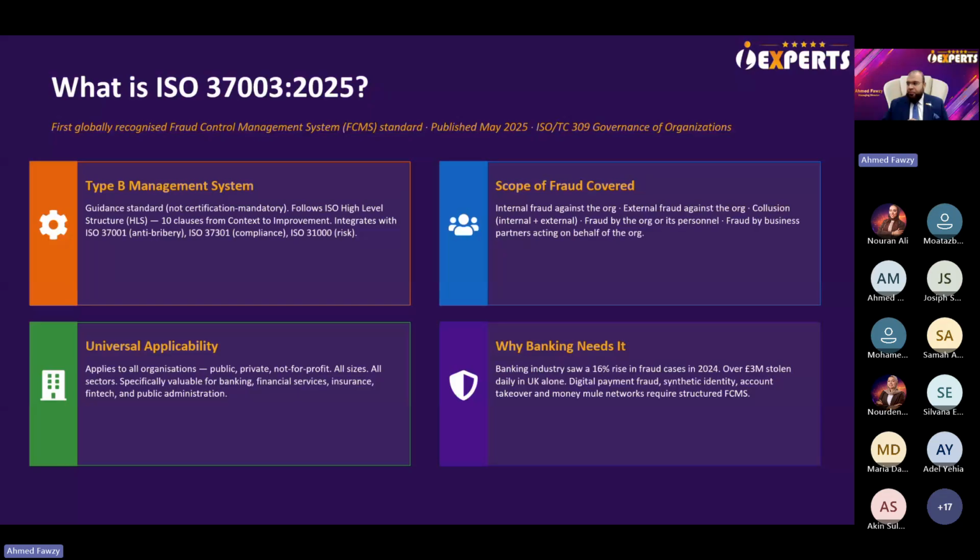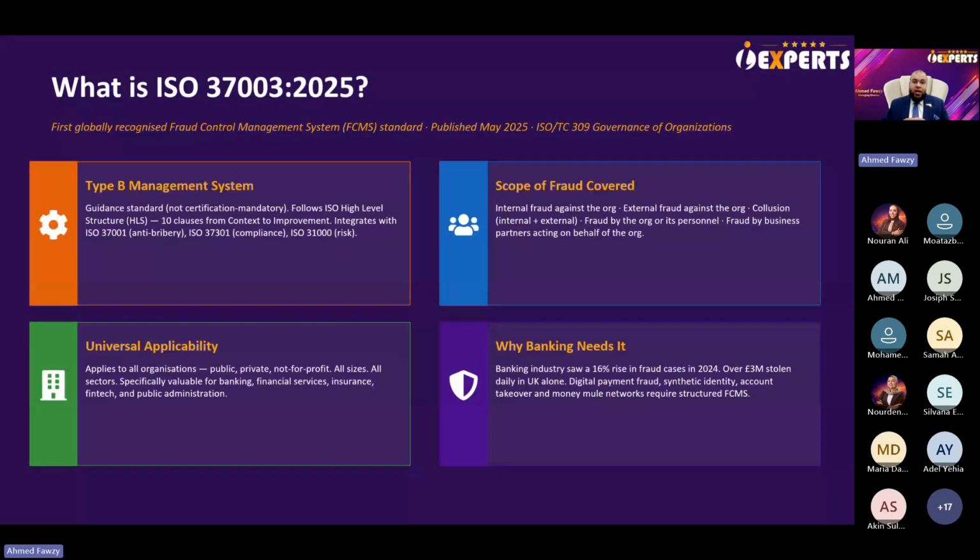At the end of the day, we have great statistics nowadays showing the rise in fraud cases. In 2024 fraud increased, and we can say that 30 million pounds were stolen daily in the UK alone. Can you imagine something like this?